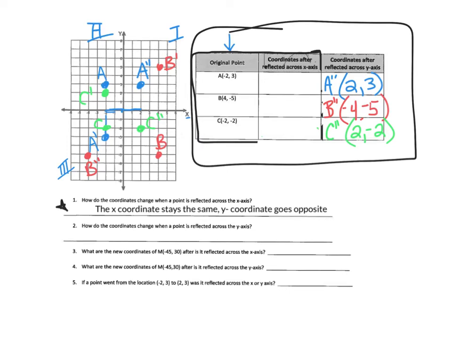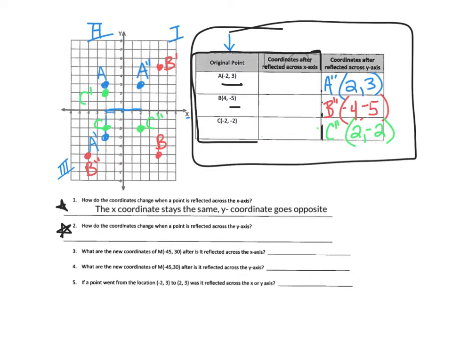Okay, now let's look at what happens whenever the point is reflected over the y-axis. How do the coordinates change? If we're looking at the numbers, point A went from being at -2, 3 to being at 2, 3. Point B went from 4, -5 to -4, -5.